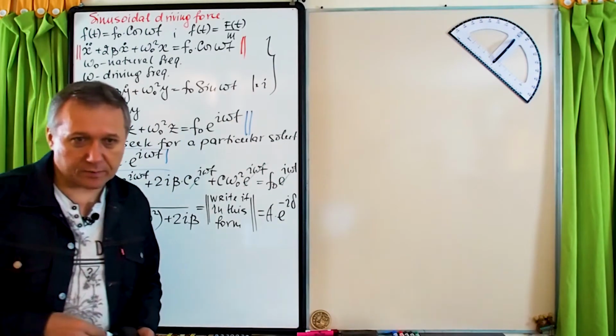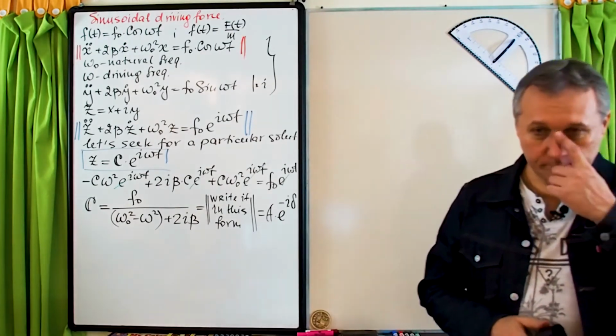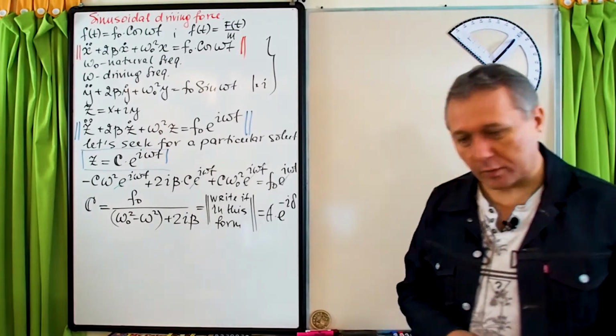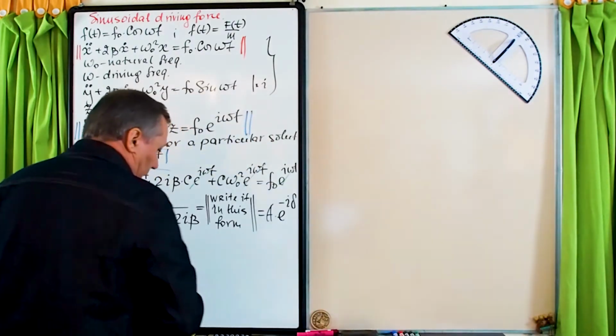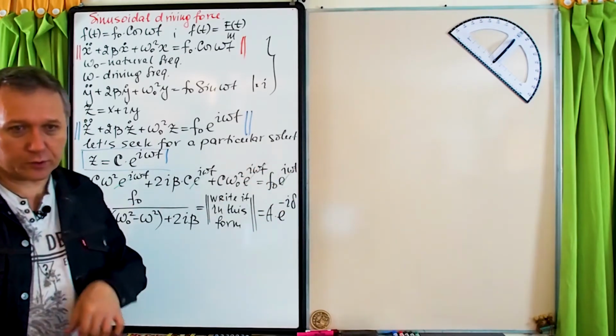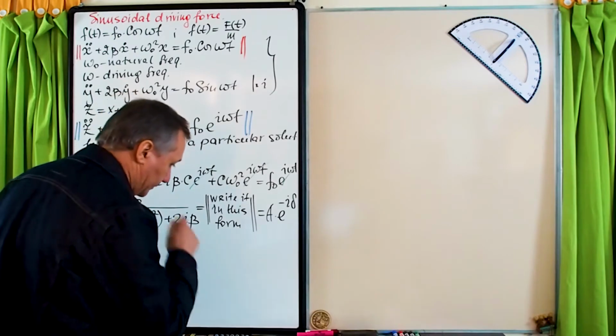Again, any complex number you can write in this form. You remember from your calculus. And of course, a and delta are going to be real constants.